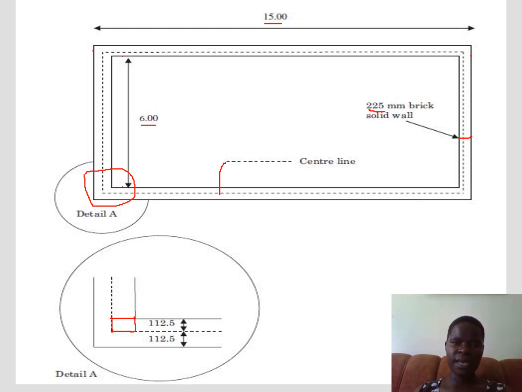That will give us the internal perimeter, from this point all the way around and back to this point. After finding the internal perimeter, we have 4 corners, and we've said for each corner we are adding 2 times half the thickness of the wall. That will give us our mean girth.